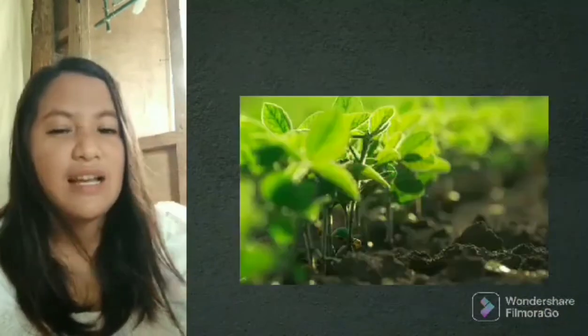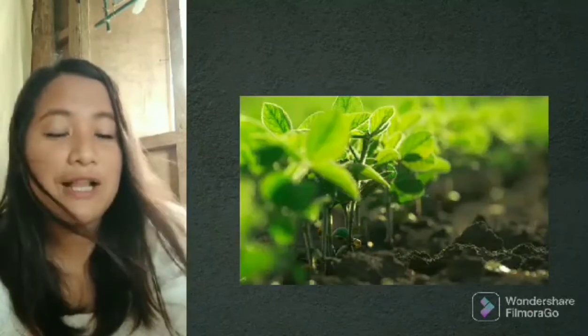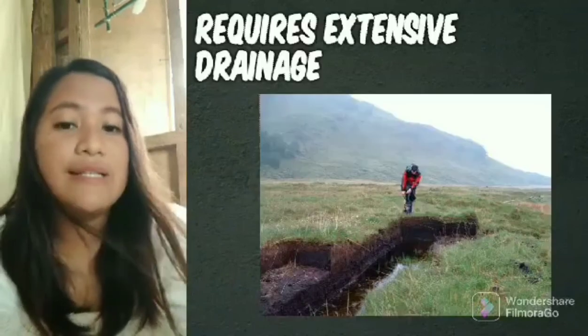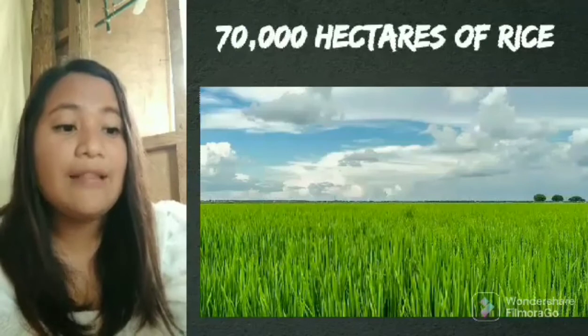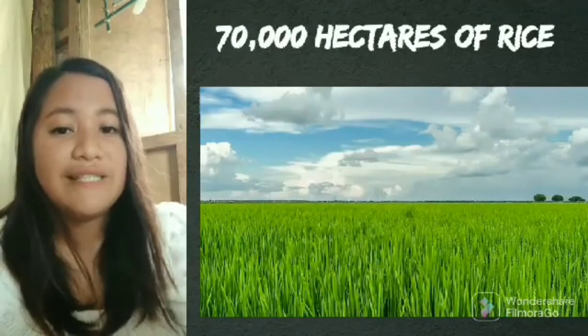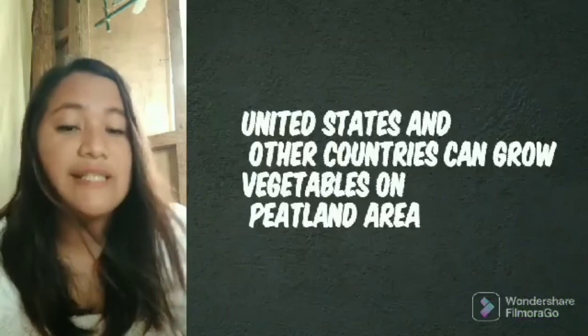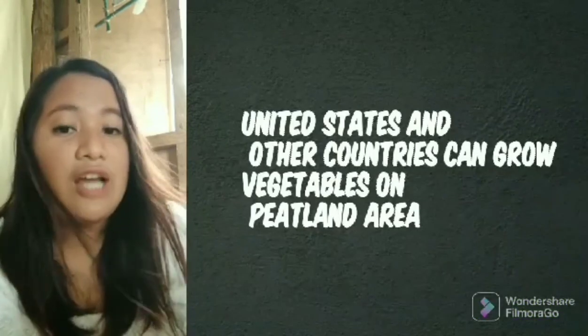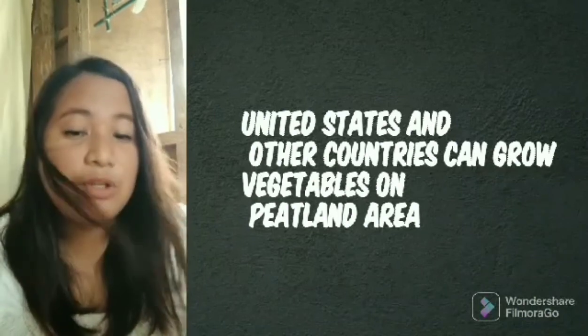It can be used for agricultural purposes, but it requires extensive drainage. For example, in Japan, over 70,000 hectares of rice were grown on peatland areas. The same goes for the United States and other countries, where there is an extensive growth of vegetables.